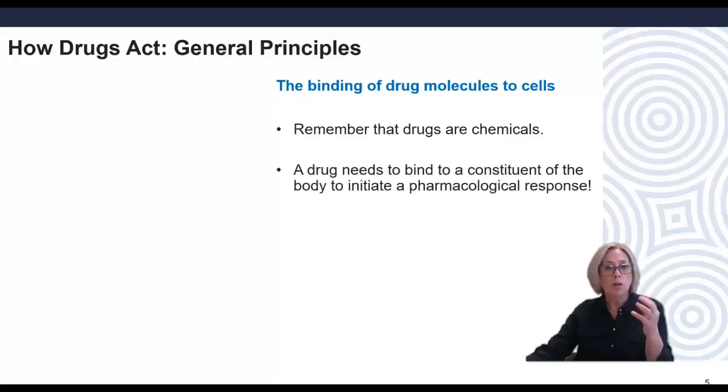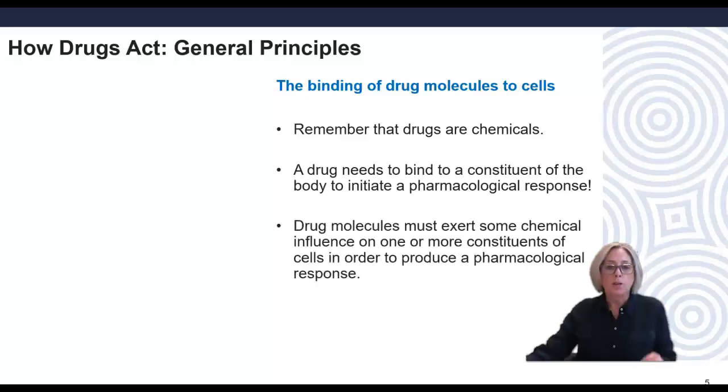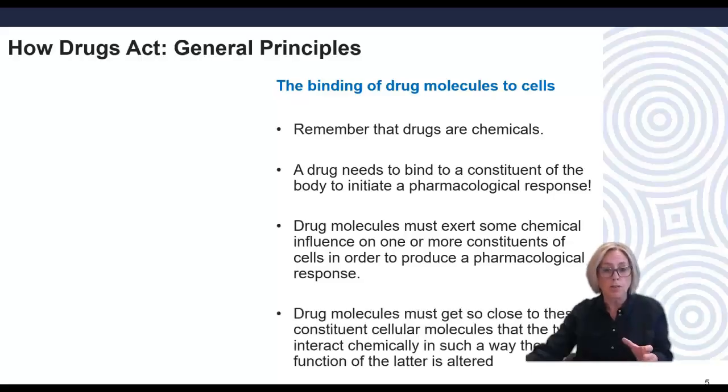So a drug or a chemical needs to bind to a constituent or a component of the body to initiate a pharmacological response. Now, drug molecules then must exert some sort of chemical influence on one or more constituents or components of cells in order to produce a pharmacological response.